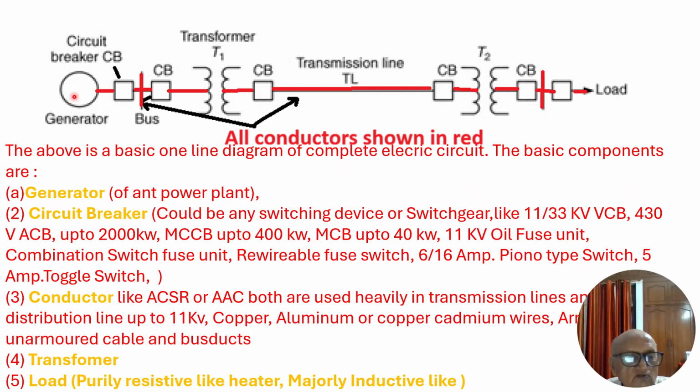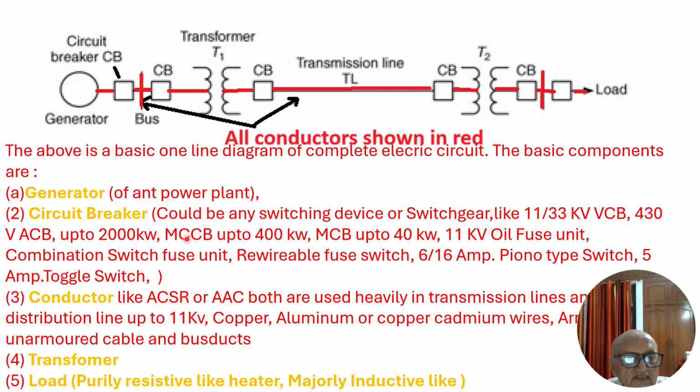So let me repeat. The above is a basic one-line diagram of complete electrical circuit, of which the basic components are generator, circuit breakers. These circuit breakers could be any switching device in switchgear like 11 by 33 kV VCB, 430 volt ACB. They are available up to 2000 kilowatt.